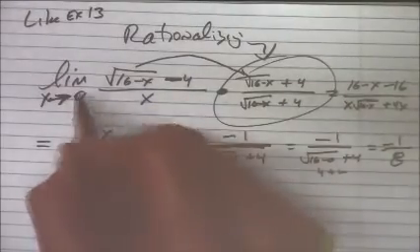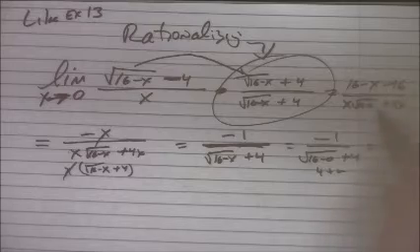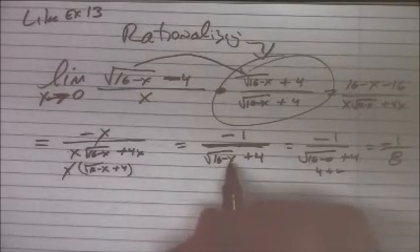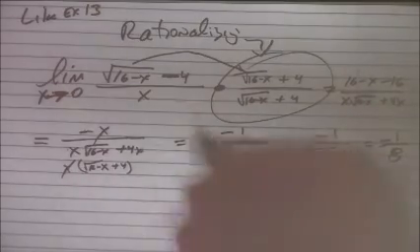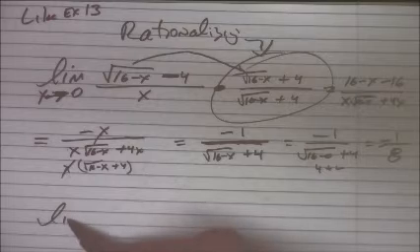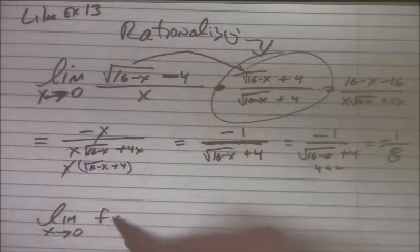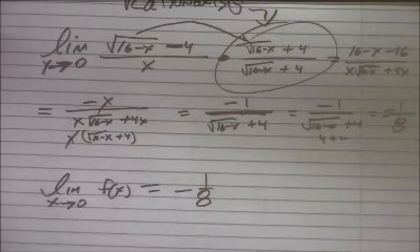It could have been a different number. In this case, by doing that, simplify it, cancel, and I get something that now when I put 0 in here, it doesn't make 0 in the denominator. So the limit as x approaches 0, I'm just going to put function of x because I'm tired of writing all that stuff, is equal to negative 1/8.